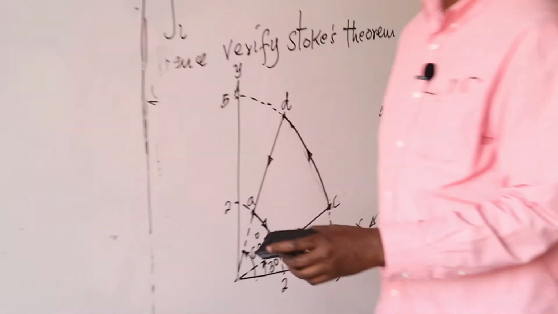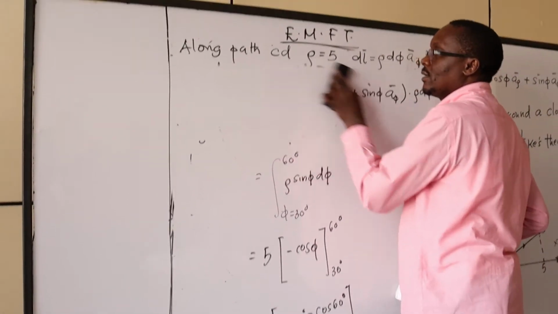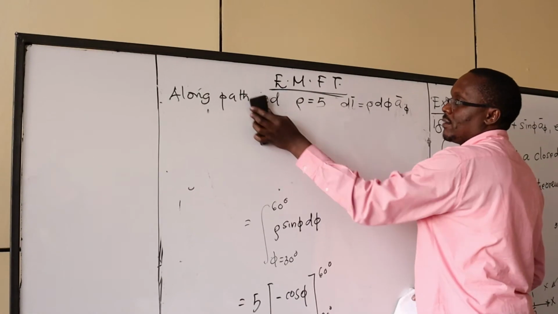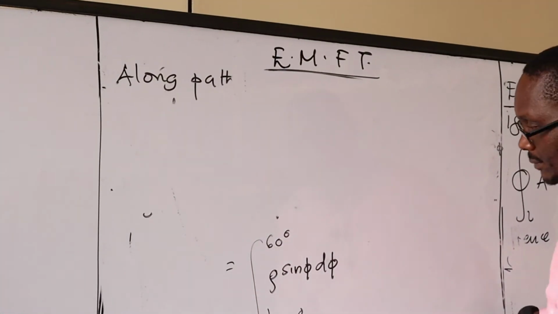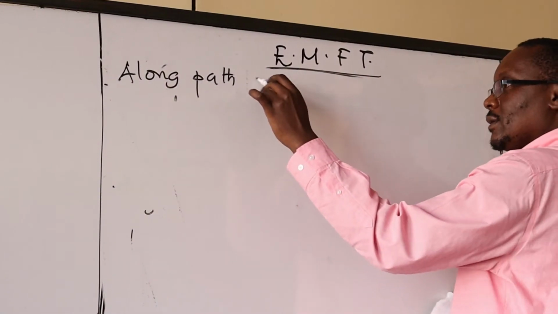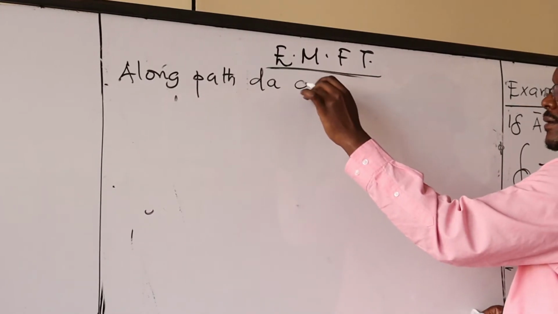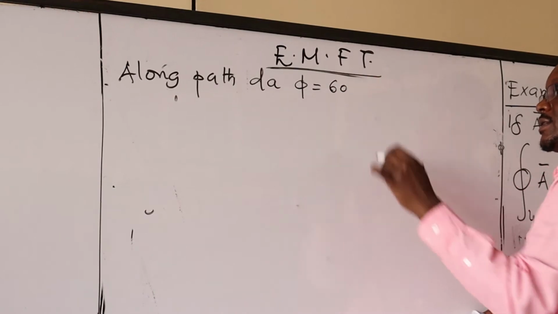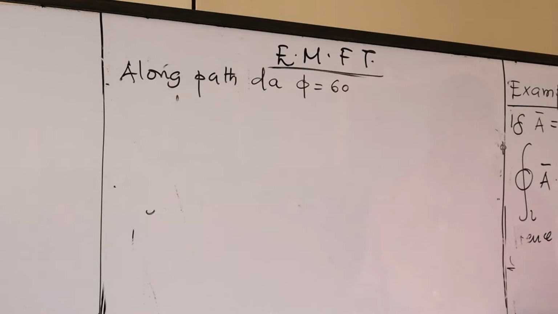So along path dA, the constant term is phi, phi equals 60, and the changing term is rho.